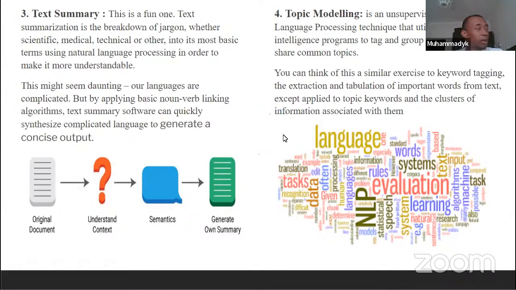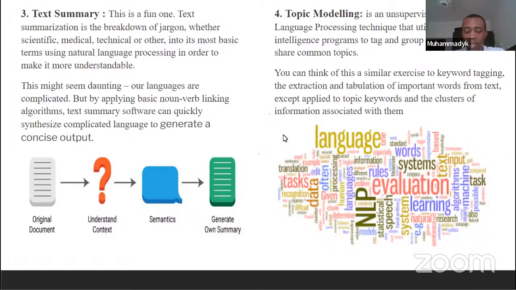This is very important for business owners as well, because sometimes you just want to derive what topics people are talking about, or what topics this text is trying to make us understand.